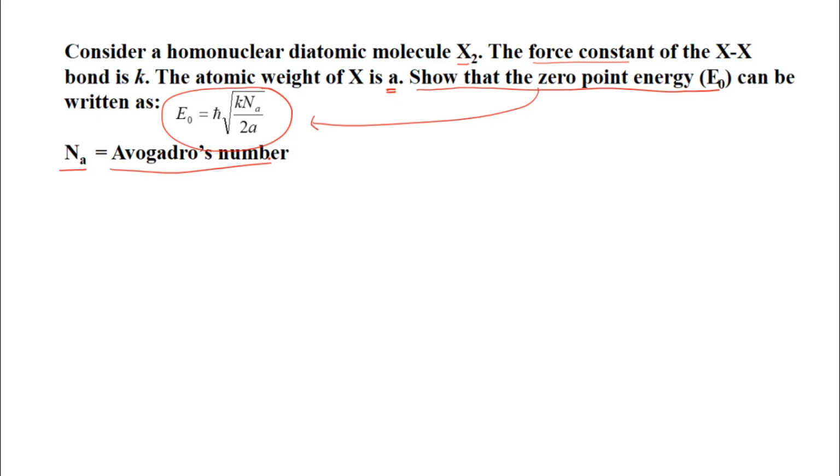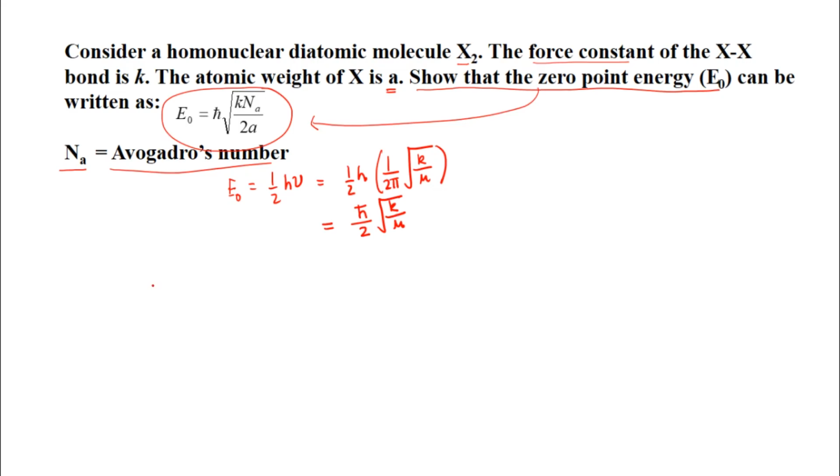So, we know that the 0 point energy, let us write it by E 0, is given by half h nu. So, we can write this as half h, and nu we can write 1 by 2 pi root over k by mu. h by 2 pi becomes h cross. So, h cross by 2 root over k by mu.